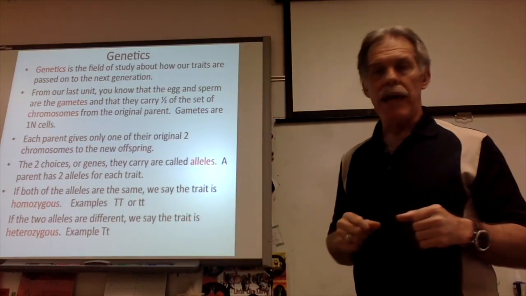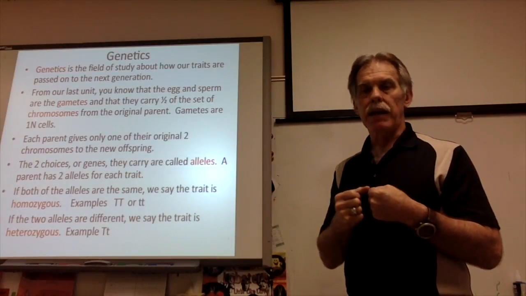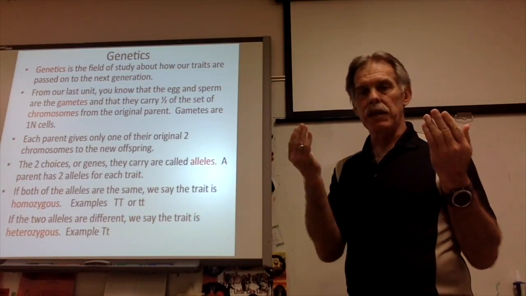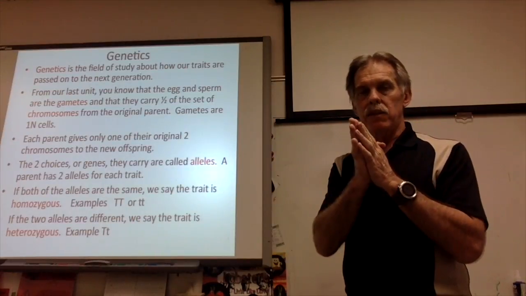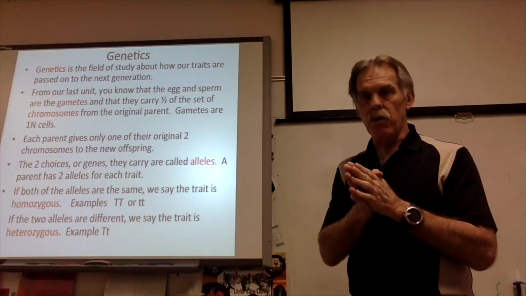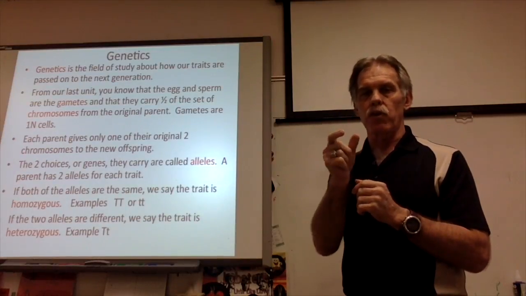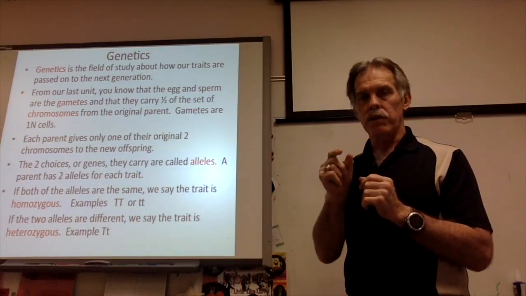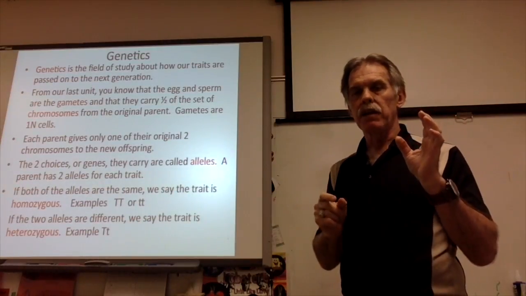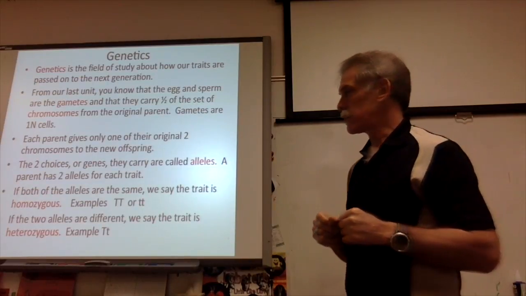If a parent has both the same choices, like we're going to use letters, say capital T, that's called homozygous. Or little t, that's also homozygous. The term heterozygous means that the two choices are different. So like a big T, little t would be a heterozygous pair of alleles.